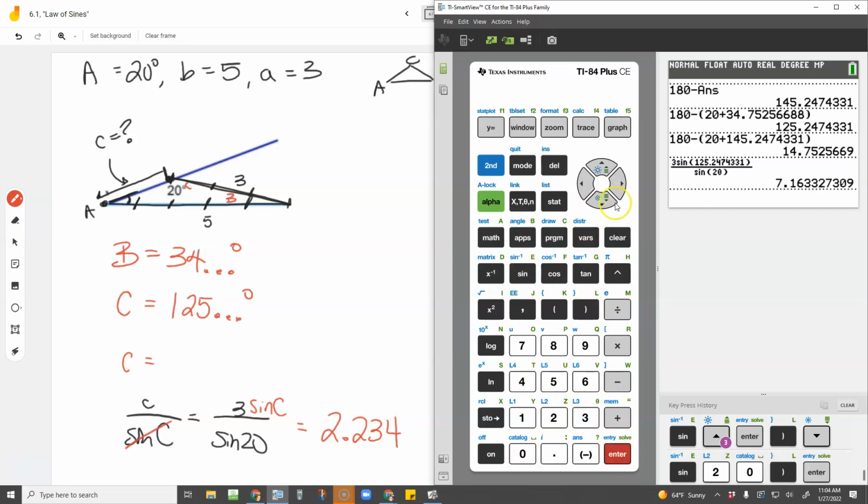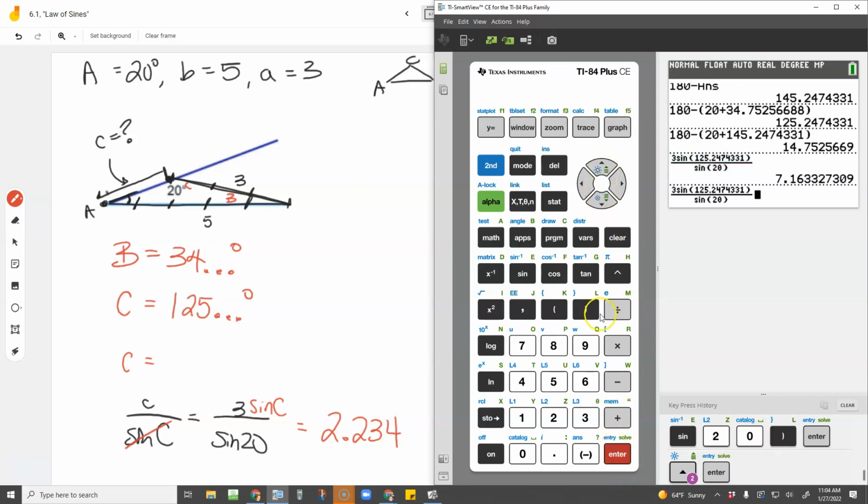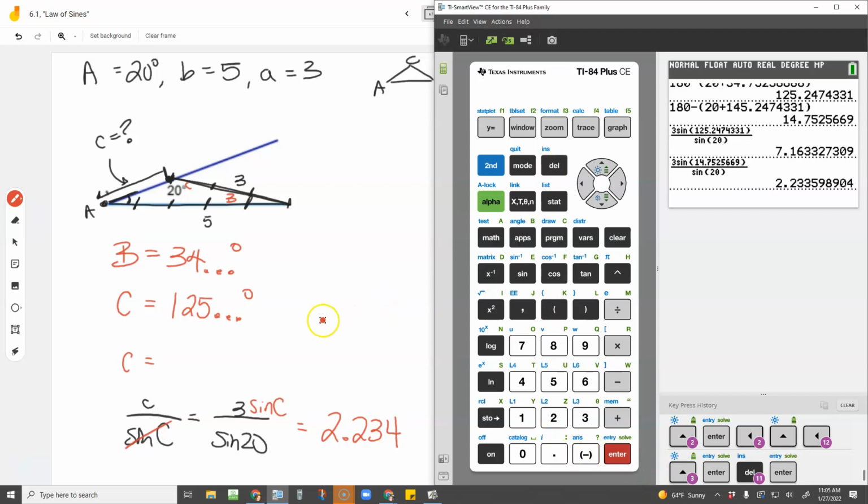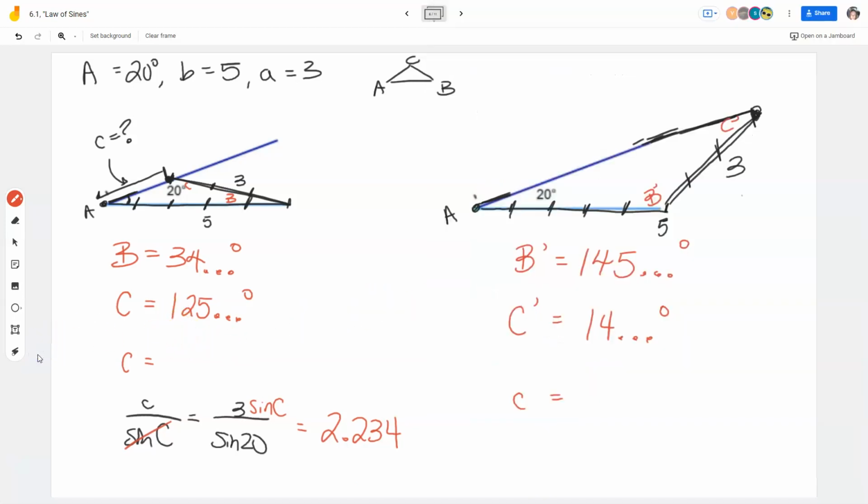It's okay if you were all paying attention. I just thought somebody was tracking and might be able to do this a little faster. And this would be for the 14 guy. So for the 14 guy, I think is 2. Yeah, so the 2.234 and then 7.163. Yeah, and it makes total sense if you draw out the picture. You don't have to draw it out every single time.